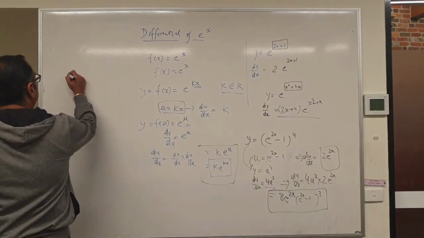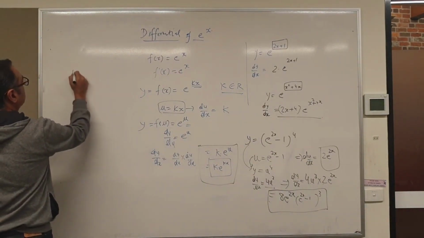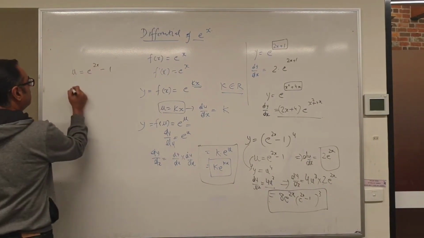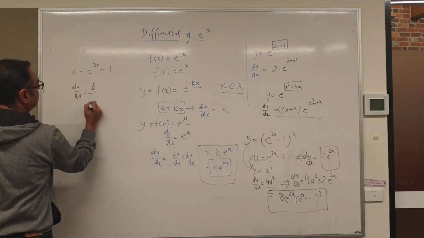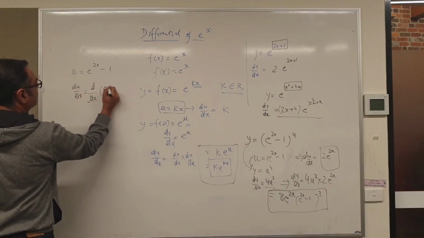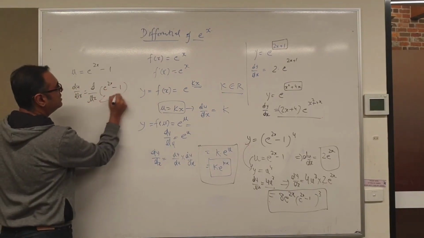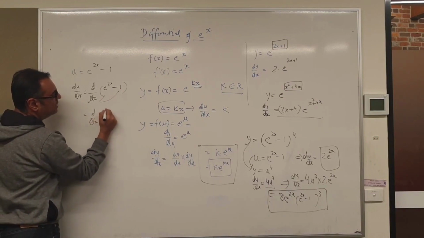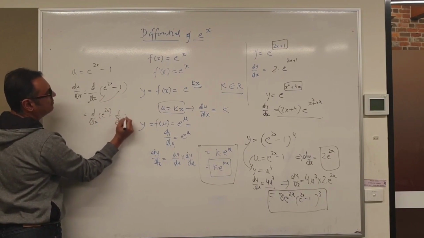Let's say my u equals e raised to the power of 2x minus 1. What will be du by dx? It is d by dx of e raised to the power of 2x minus 1, so the differential of this and the differential of this. d by dx of e raised to the power 2x minus d by dx of 1.